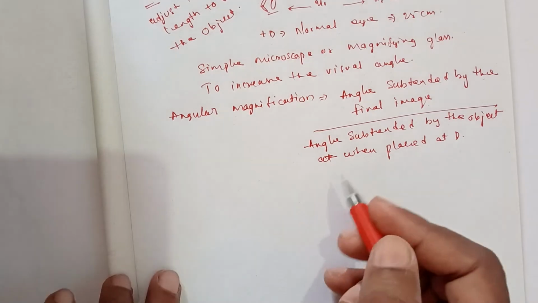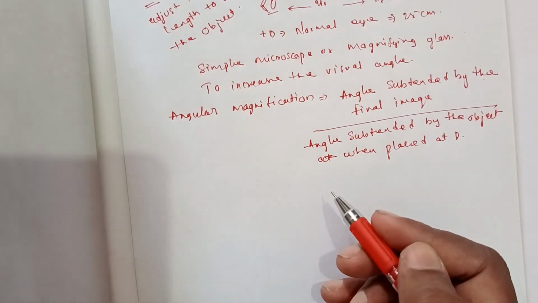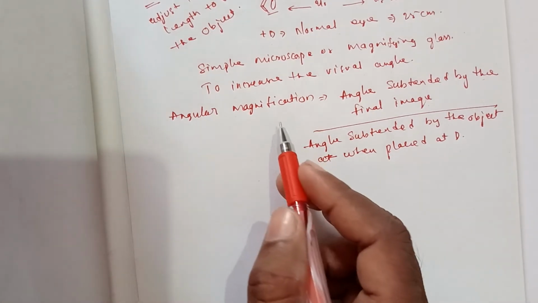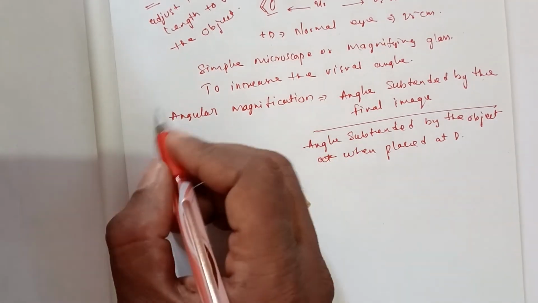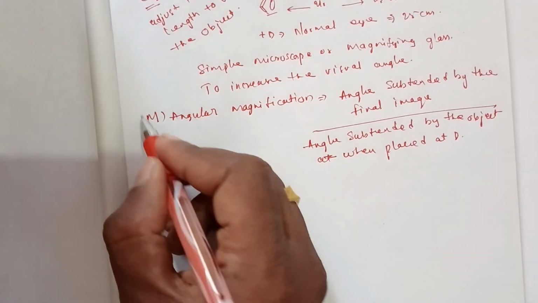And one more thing, this is the magnification or magnifying power, that is denoted by capital M.